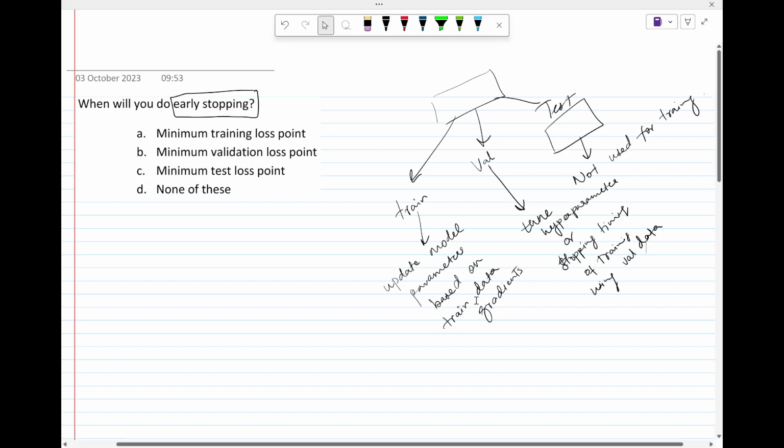Once you have fixed your architecture, you update the model parameters based on your gradients and you test on your validation data to see how much it is doing. So how many epochs to train, that is also a hyperparameter.